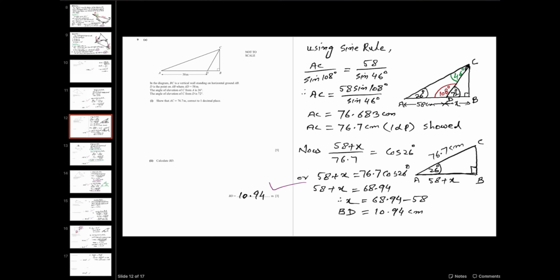Therefore 58 plus x is equal to 76.7 multiplied by cos 26 degree, or 58 plus x is equal to 68.94, or x is equal to 68.94 minus 58. So BD is equal to 10.94 meter.